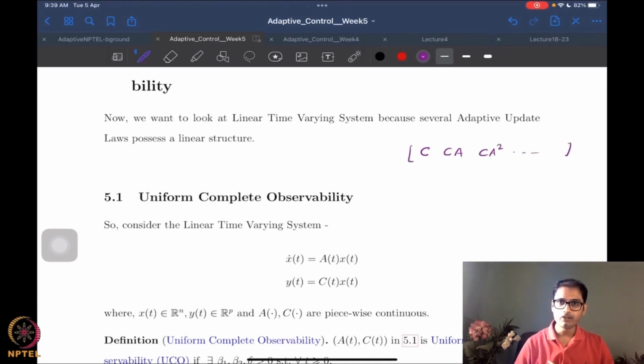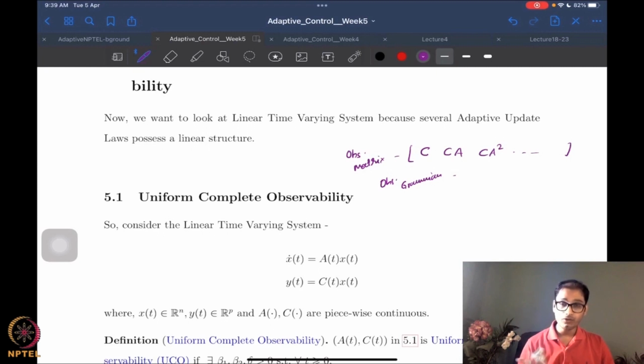But we also had the observability Gramian, right? We had the observability matrix, and we had the observability Gramian, which allowed us to give a Lyapunov-like equation or Riccati equation which corresponded to observability.